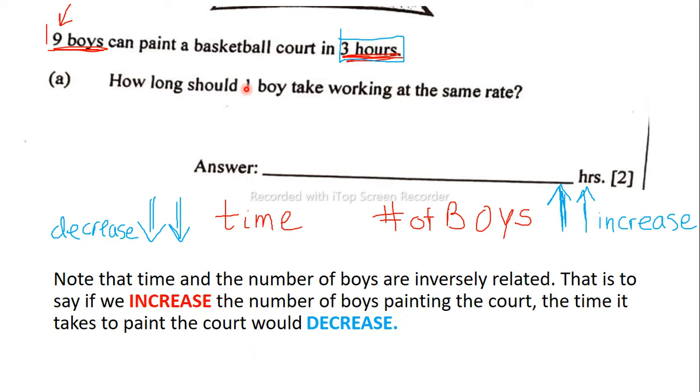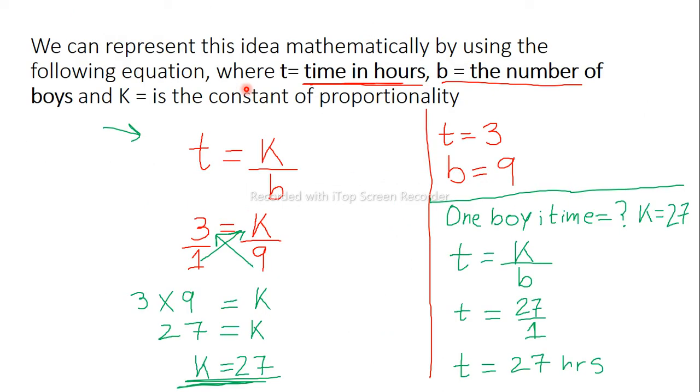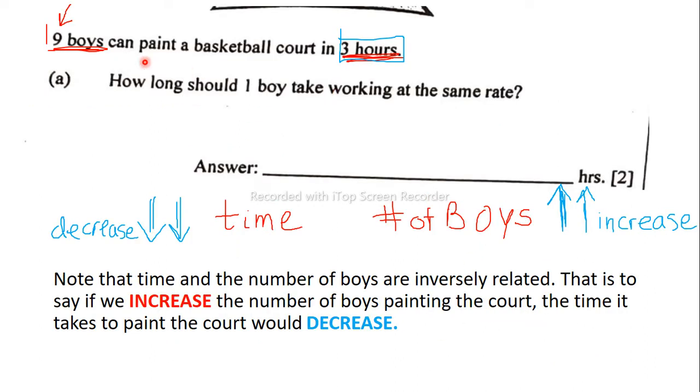That's absolutely true, but I just showed you how and why it works. So you don't have to do this formula every time if you don't want to. Take the 9 multiplied by the 3 and divide it by how many boys they give us, and that gives us 27 hours.